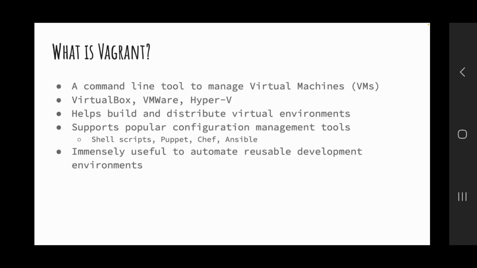That's exactly what Vagrant does. So basically, you can create reusable development environments, so that you can repopulate the same environment in the same way or in the same state again and again, once you have the packages saved somewhere. So that's what Vagrant is.